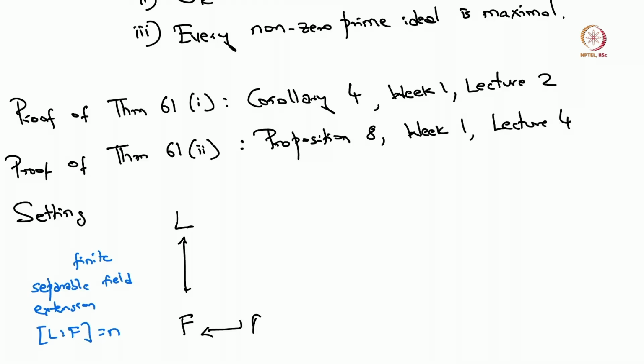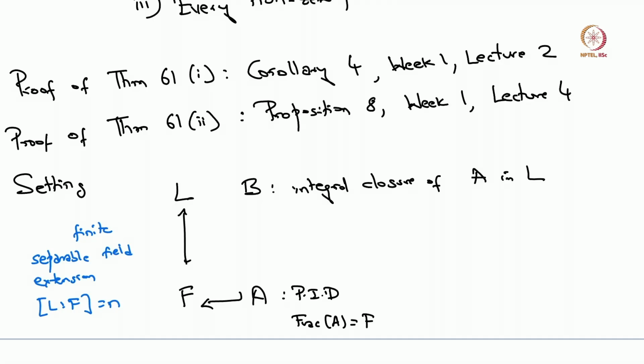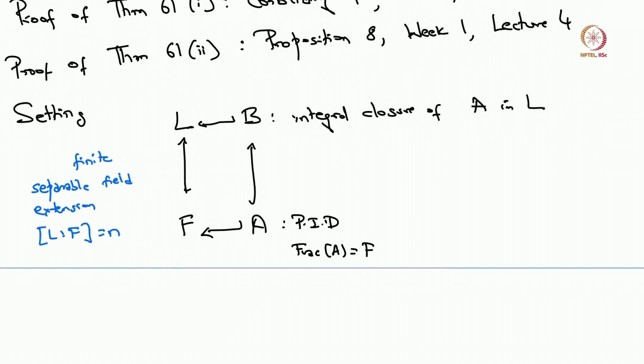Inside F, we found a PID A, such that the fraction field of A equals F, and then B was the integral closure of A in L. So under this hypothesis, what we showed was that B is a free A-module of rank n.